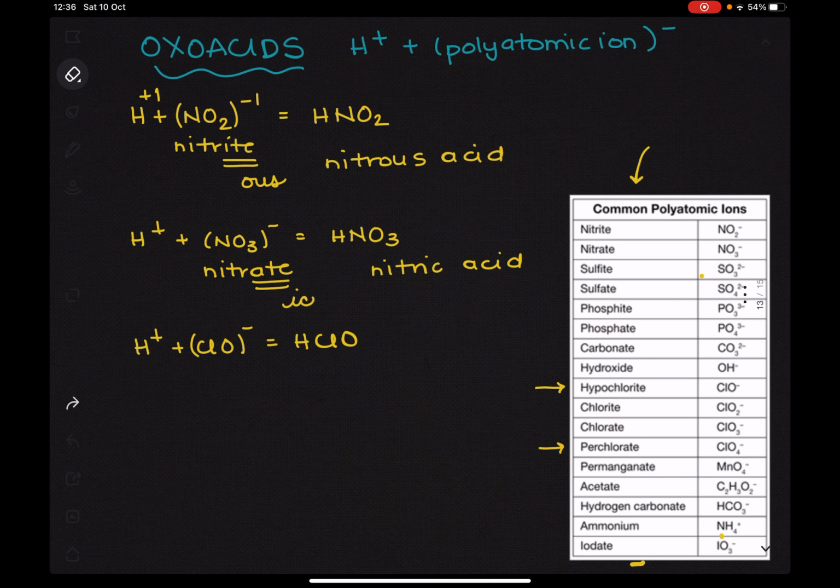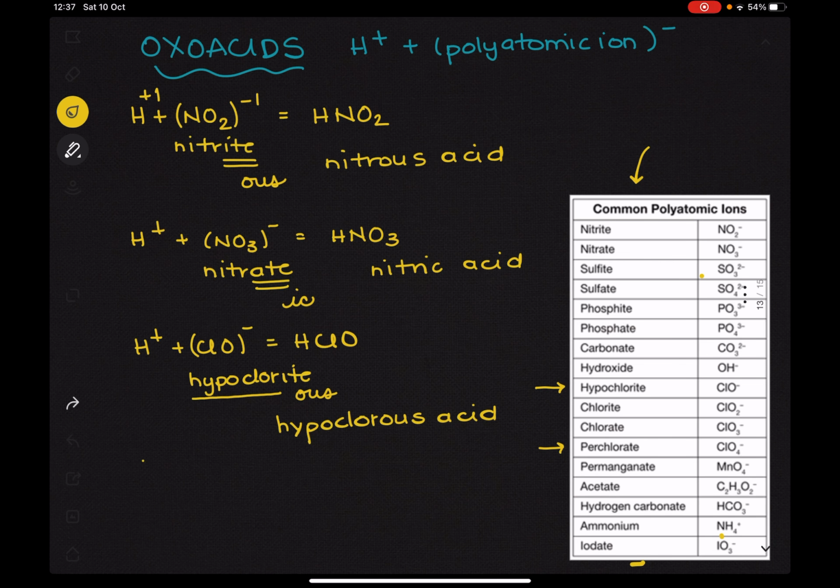Okay, so this ion is named hypochlorite. So I keep everything, and the ite changes to ous. So in this case, it's going to be hypochlorous acid. So I keep the name of the ion and I change it according to the rule that I said first.